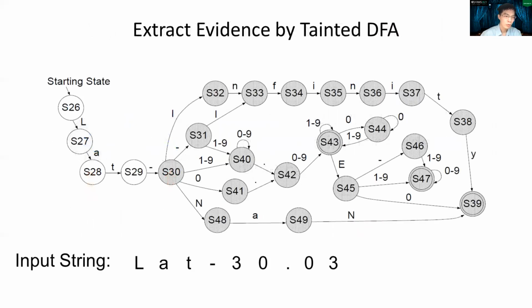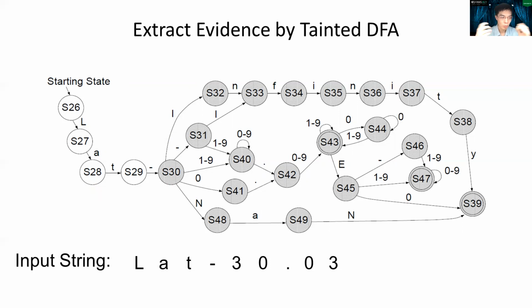Let's wrap up the scenarios introduced earlier and work through this example again. By analyzing the program code, we get this tainted DFA. If you remember, the left-hand side is the constant string, and the right-hand side is the floating string with the evidence type latitude.